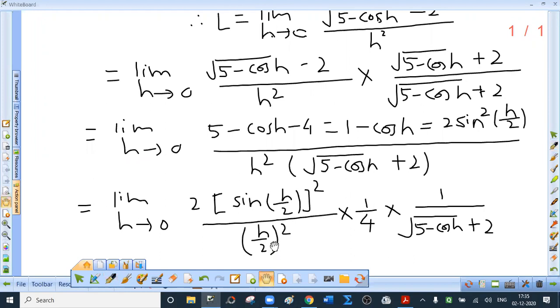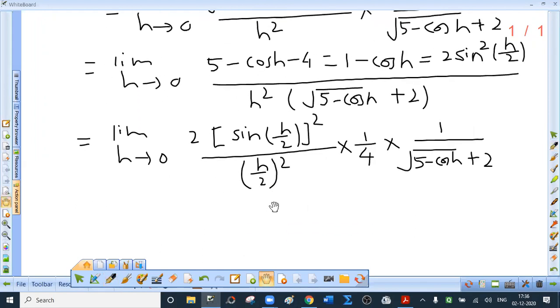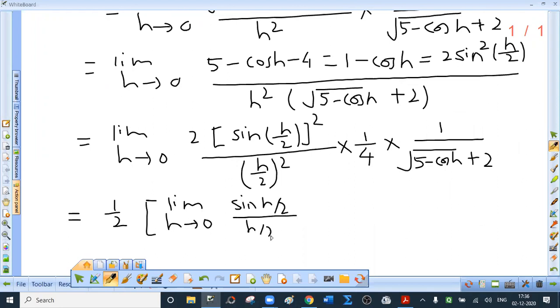Right? So in the next step, I will use 3 results simultaneously. Basically, what is 2 upon 4? That is half. Limit of square is square of limit. So limit h tends to 0 of (sine h by 2 upon h by 2) bracket square into limit h tends to 0 of 1 upon root of 5 minus cos h plus 2.